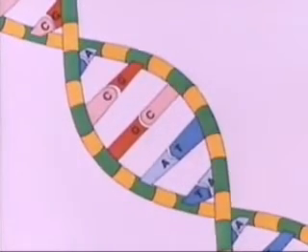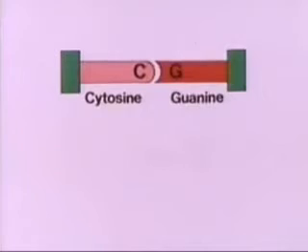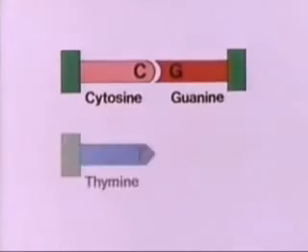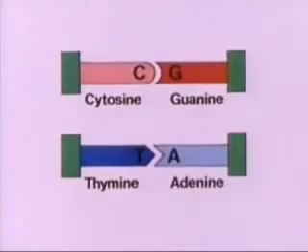The bases on one strand are joined to those on the other by hydrogen bonds. Four different bases are involved. Cytosine, which can only link with guanine, and thymine, which can only link with adenine.